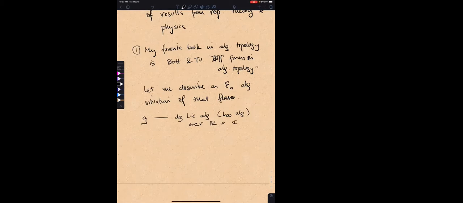So there's a construction. It's going to send an open set inside of Rn to the following chain complex. The Chevalley-Eilenberg chains, the thing that computes Lie algebra homology, of the following DG Lie algebra or L infinity algebra.